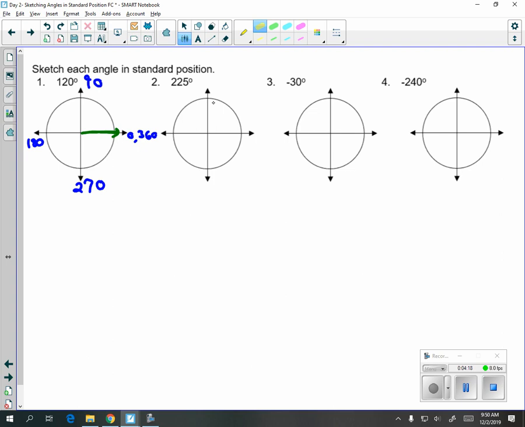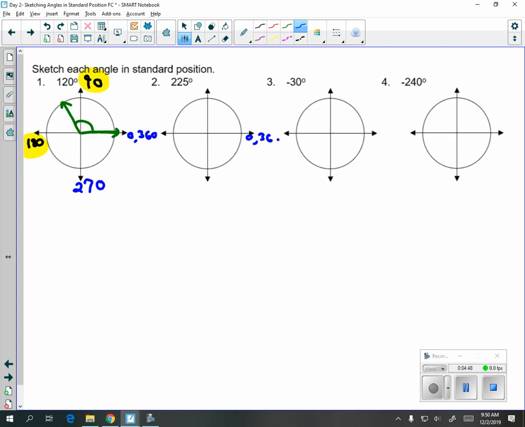Well, 120 is between 90 and 180, so we're going to end up in the second quadrant. And if you think about it, is 120 closer to 90, or is 120 closer to 180? And the answer is it's closer to 90, so just estimate where it's going to go. And you need to include the little circle on the inside. That lets me know that I started from the initial and went up. That way it's positive.